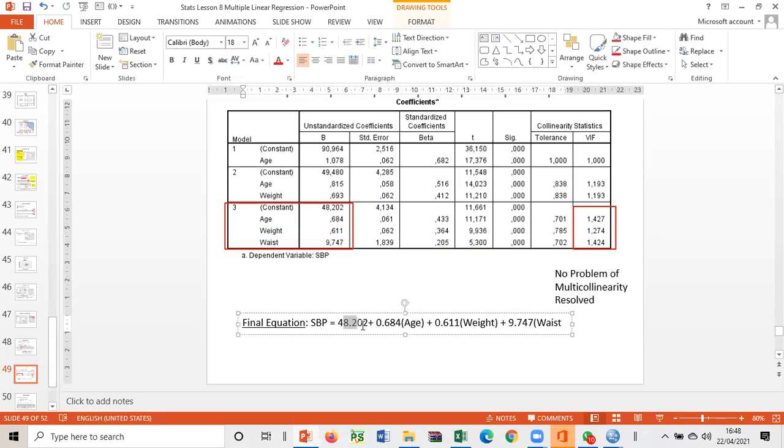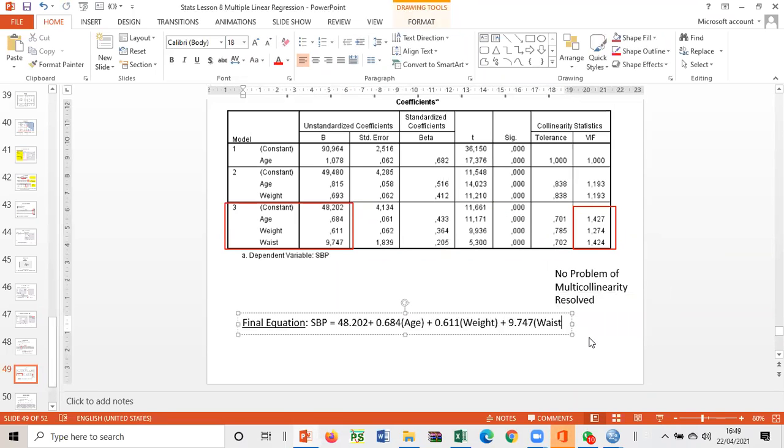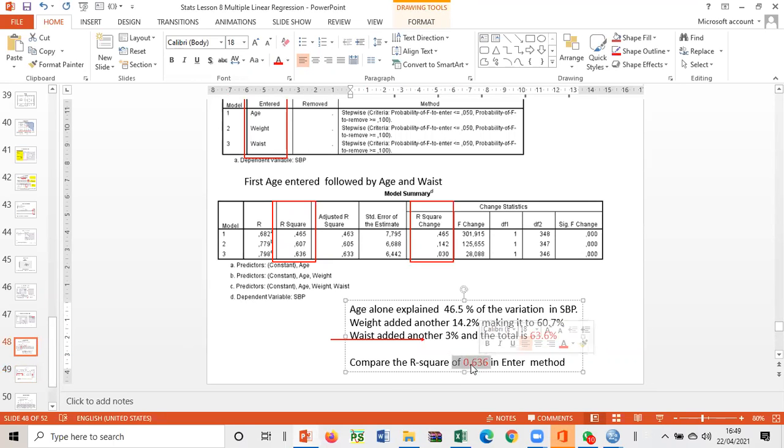So that's my final equation. The moral of the story is you don't have to find the person's BSA, no need. Just these 3 variables alone is enough. Enough means what? How many percent? 63.6%. We explain the variation in SBP.